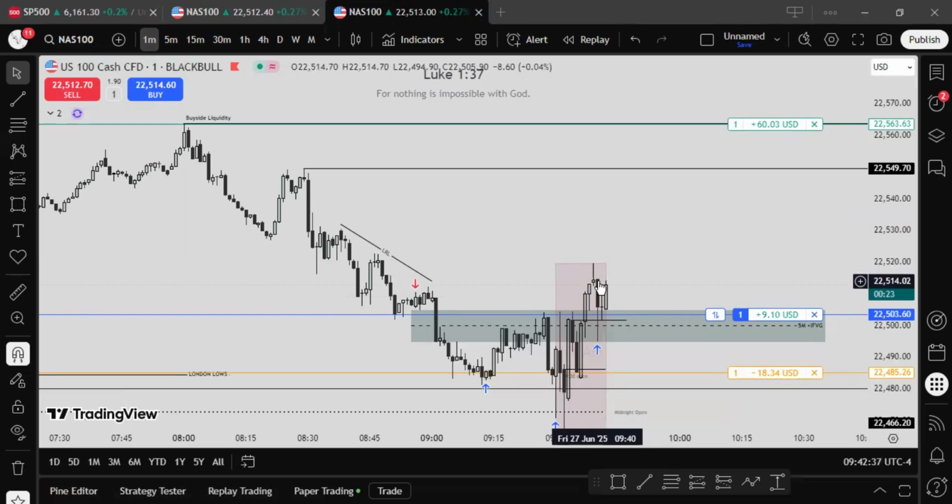If we can close above this high, I'm gonna decrease my risk, put my stop loss here. Because then I would want to see this act as an order block, act as support and push price higher, especially after the way we rejected here from these order blocks.